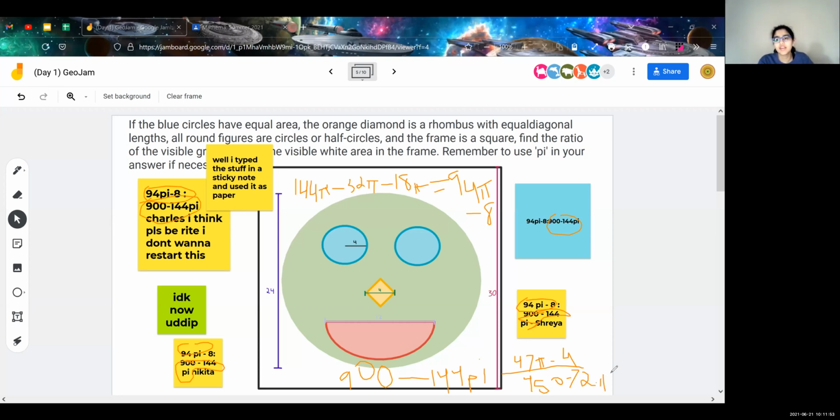If you all had simplified, you would have gotten the correct answer, which would be 47 pi minus 4 over 450 minus 72 pi. However, your unsimplified answers are still correct. However, just make sure when you're doing ratios, you actually simplify them.